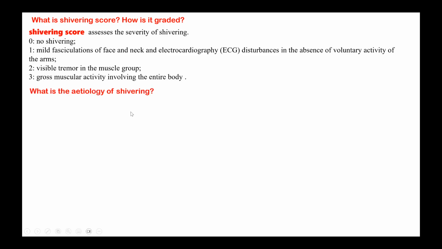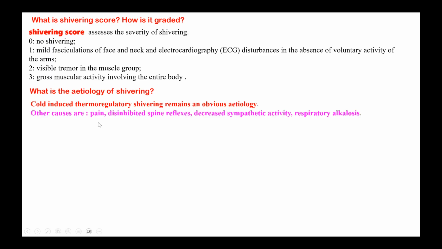And regarding the etiology, cold-induced thermoregulatory shivering remains the most common cause. In a post-surgical patient, it can be because of pain. Pain may mimic shivering because even if patients are at normal ambient room temperature, pain will make them have this sort of dysregulated movement of the muscles, which cannot be equated to thermoregulatory shivering.